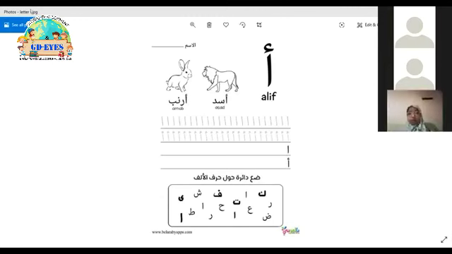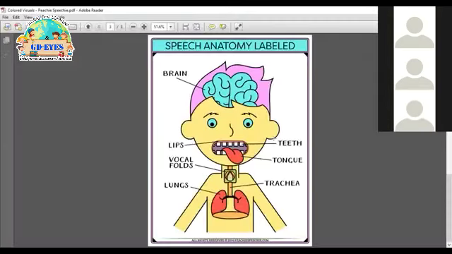So we also talked about our speech organs: the tongue, teeth and lips. We said that the sound alif comes from the halq.